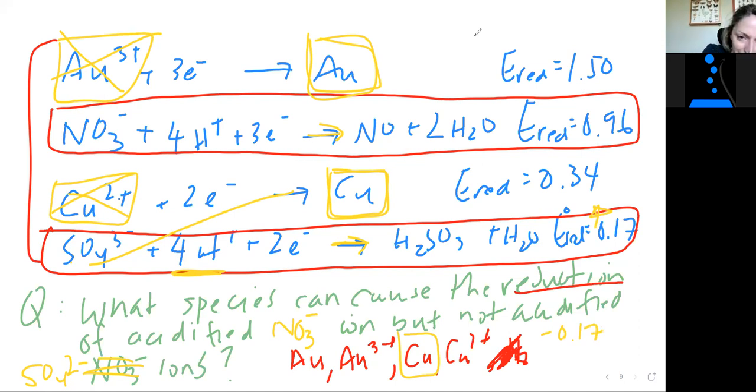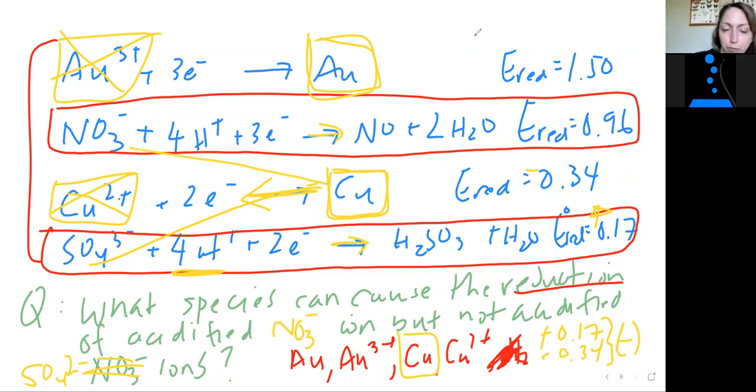If I want my oxidation to be copper, we have to flip it this way and change the sign to negative 0.34. Putting those together, E cell is going to be negative overall, so that reaction is not going to happen. Copper being oxidized can't cause the reduction of sulfate.